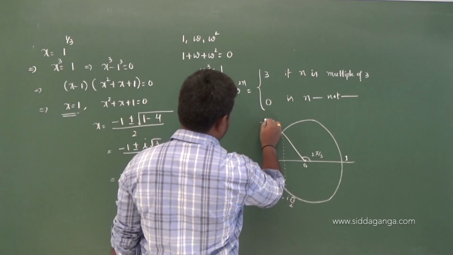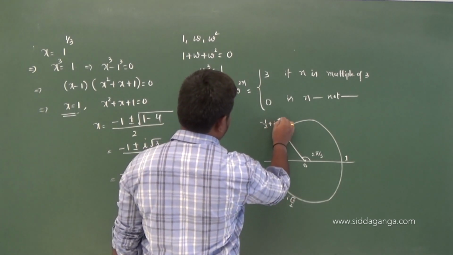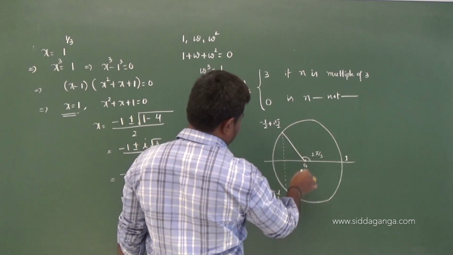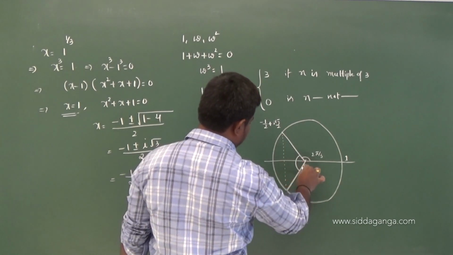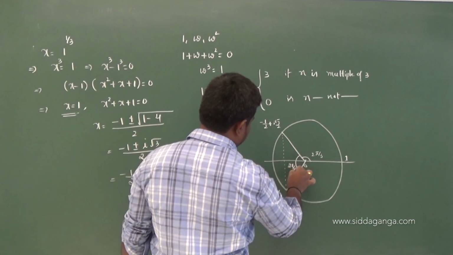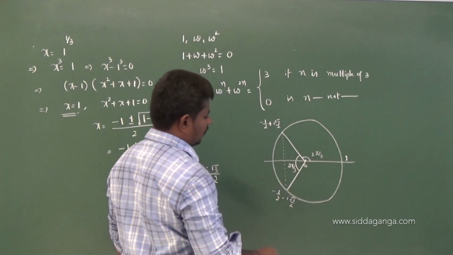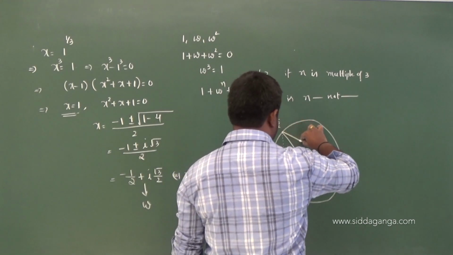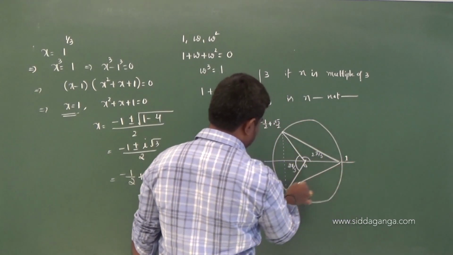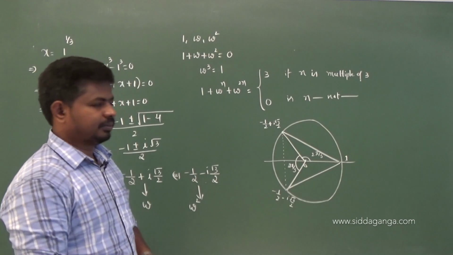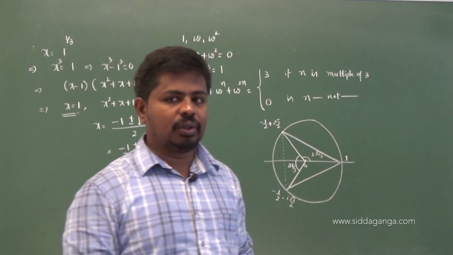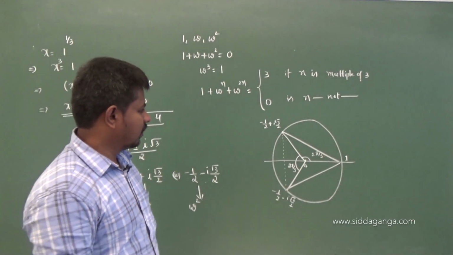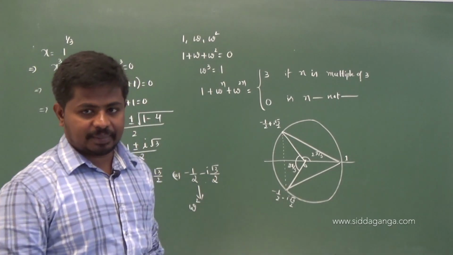The other is minus 1 by 2 plus i root 3 by 2, and the angle is again 2 pi by 3. So, the total angle becomes 4 pi by 3. Now, let us join these, and you will get an equilateral triangle, so anyway you get a regular polygon. Okay. So, this is what we have about cube roots of unity.